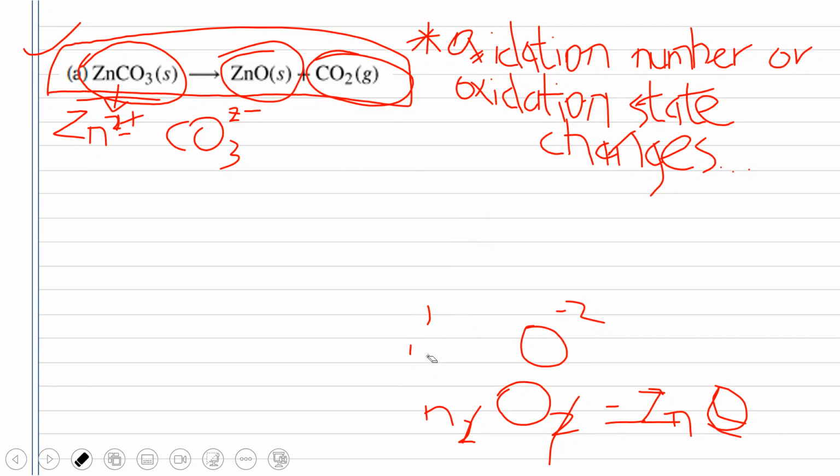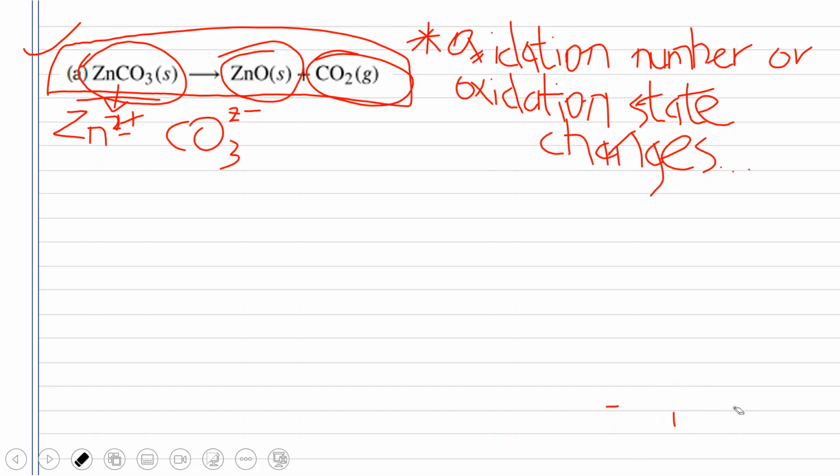We just looked at zinc. Zinc was +2 and is still +2, so zinc didn't change. Let's look at carbon. We already know how to find oxidation number: we equate everything to the charge. So let's say the charge here is 0.